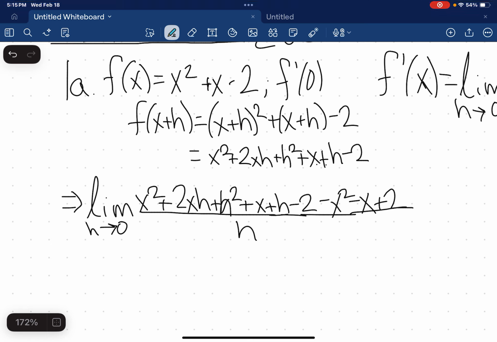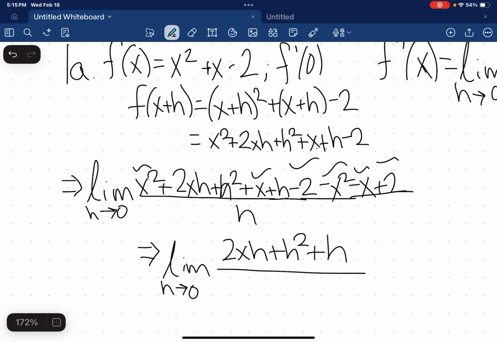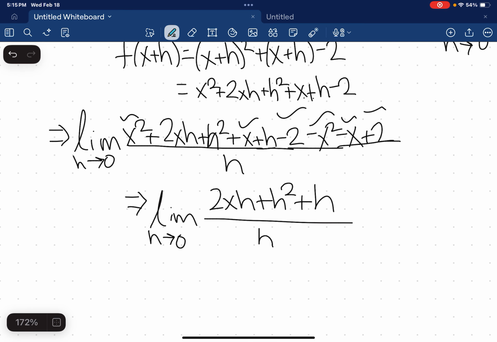Notice that the x squareds cancel out, the x cancels out, and the -2 cancels out. This leaves us with the limit as h approaches 0 of 2xh plus h squared plus h over h. And we want to get this h out of the denominator, or else we're just dividing by 0.